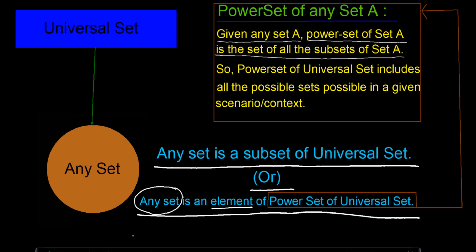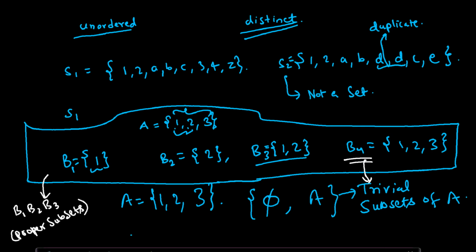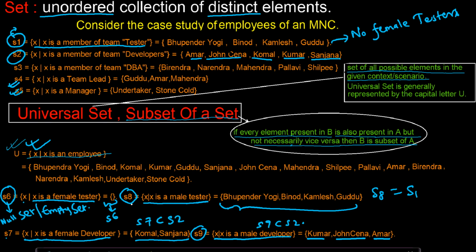For example, in this context of employees of an MNC, what is the total number of employees? 1, 2, 3, up to 16.